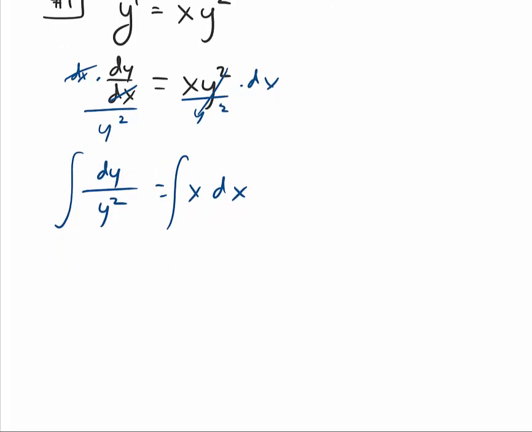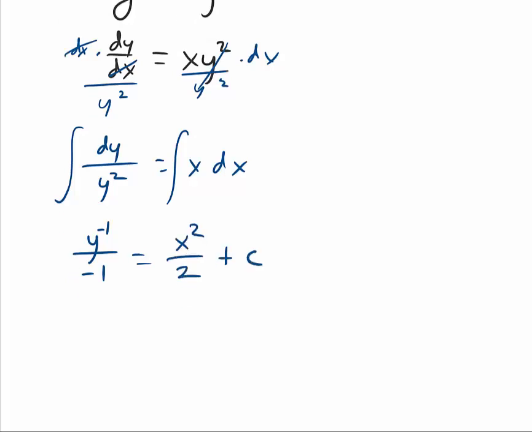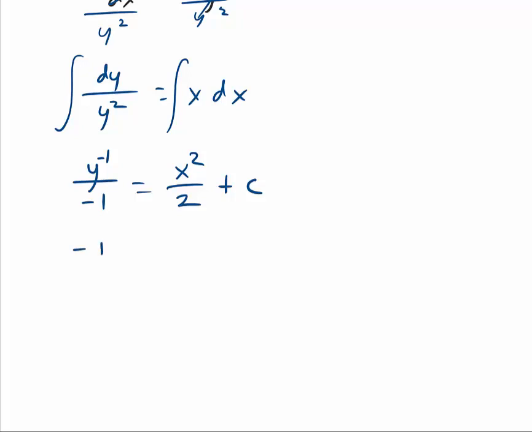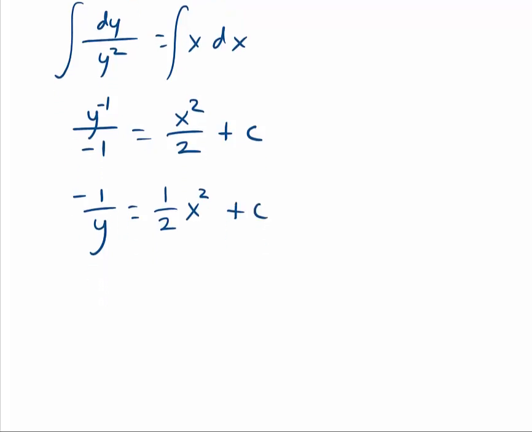This is y to the negative second power, so it becomes y to the negative first over negative 1 equals x squared over 2 plus c. That gives us negative 1 over y equals, I'm going to just write this as a half x squared plus c. Now, if I have something like this, I want to solve for that y.